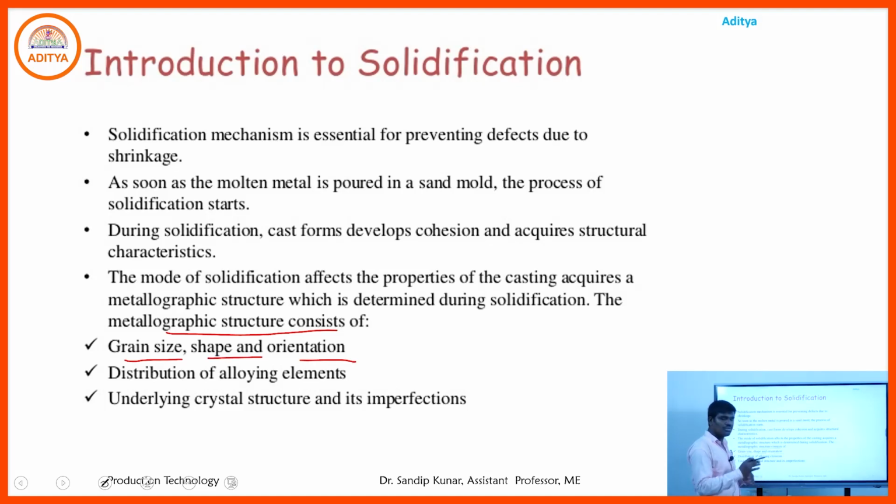Because we melt more than two elements, pour that material, and mix it, the distribution of the parent materials also changes the metallographic properties of the solidified product. Another factor is the underlying crystal structure and imperfections.